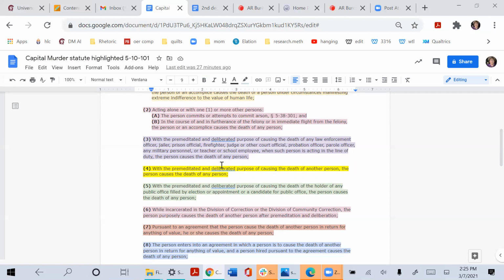The next is with the purpose of, which is first-degree murder. The next is knowingly under circumstances manifesting extreme indifference to the value of human life, which is second-degree murder. The next is reckless, which is manslaughter. And then the last is negligence, which is negligent homicide.